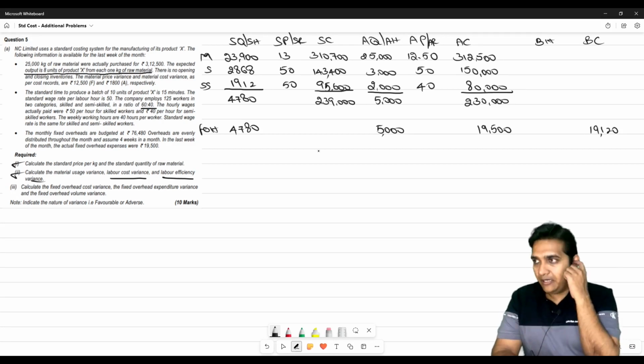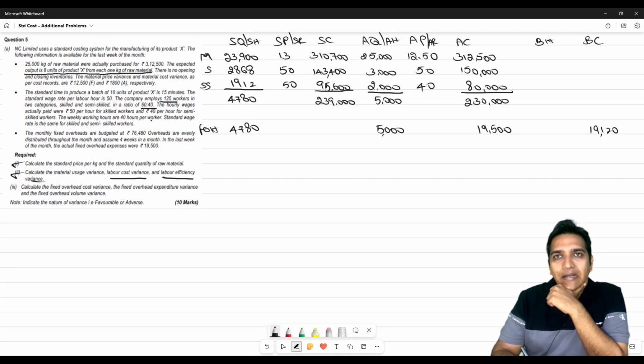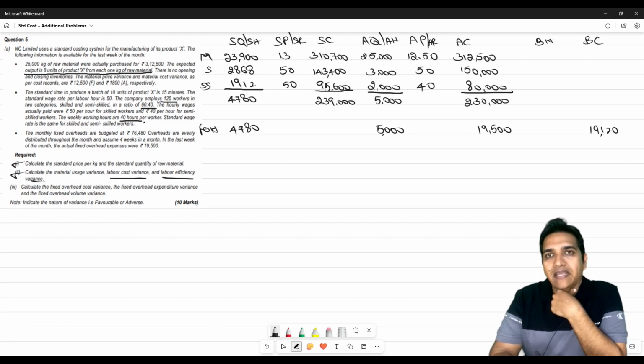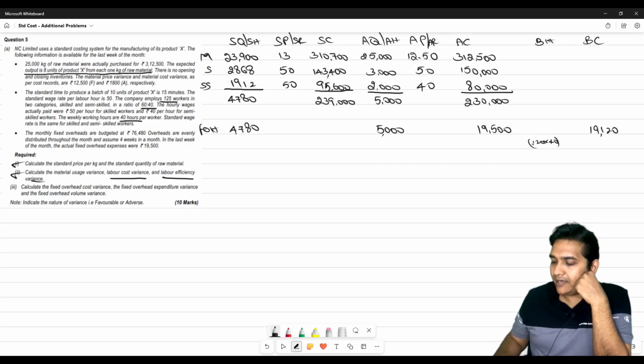Right? Now we need budgeted hours. The question says we have 125 workers and each worker can work for 40 hours in a week. So if we multiply these two, that is 125 into 40, we get 5,000.